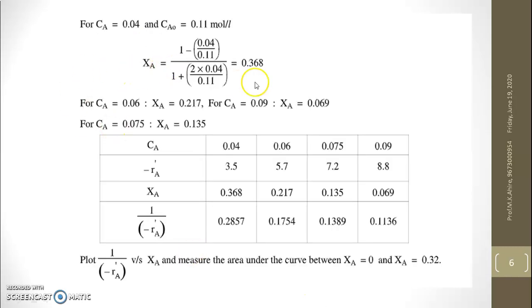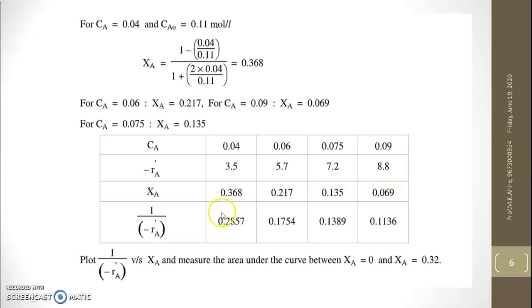Now what we will do? CA and minus RA, these values we already have with us. We have calculated CA0. So after substituting the CA0 value, CA value and minus RA value, you will get XA for each run, run number 1, 2, 3, 4. When you change CA, the rate will change, and this XA value will also change.